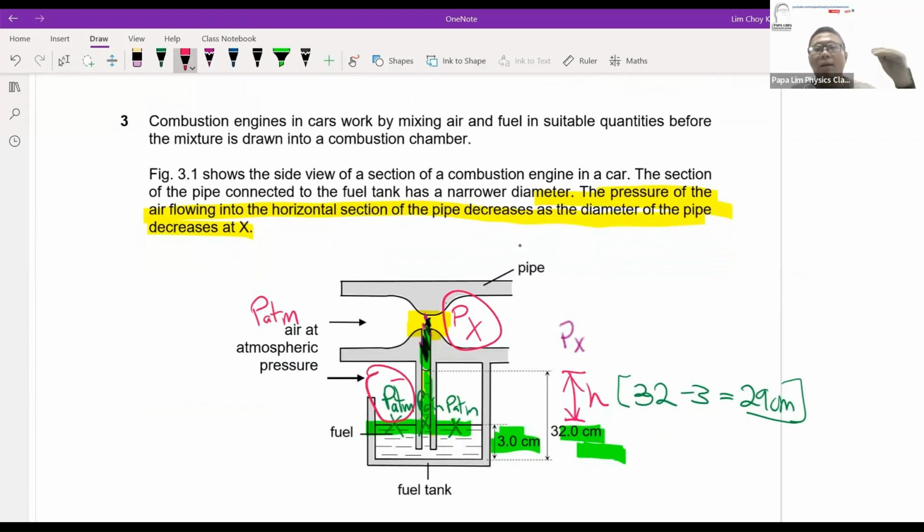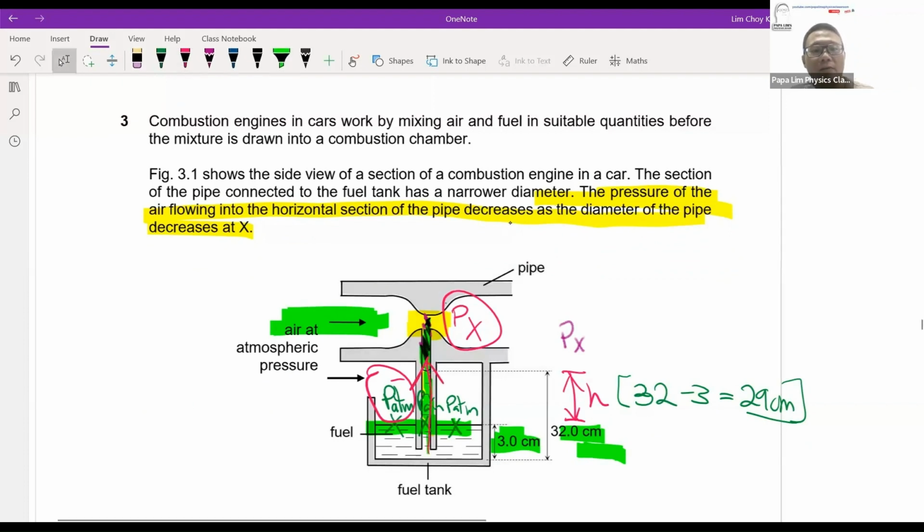If my air is coming in at high speed, you'll find that the more air flows through, the faster the speed and the lower the pressure at X. So the bigger the difference in pressure, the more fuel will be pushed upwards.